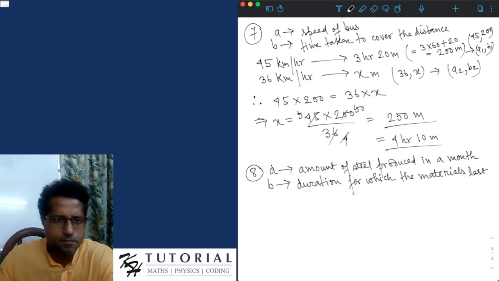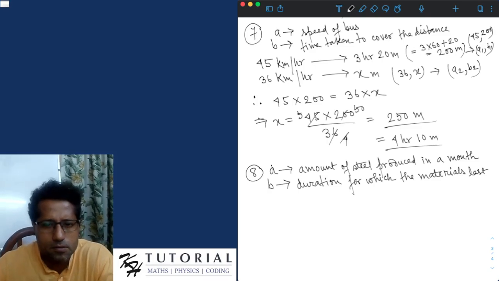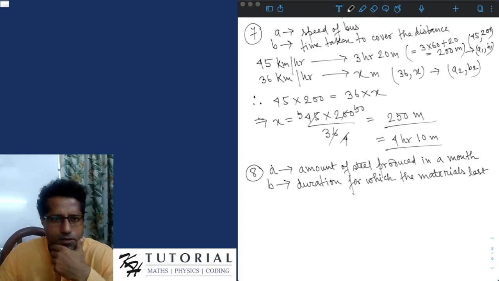In question number 8, how long will the materials last? In the first data, it is saying that to produce 240 tons of steel in a month, the factory has enough materials.